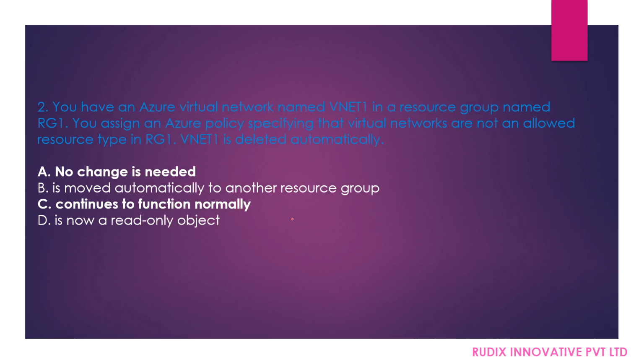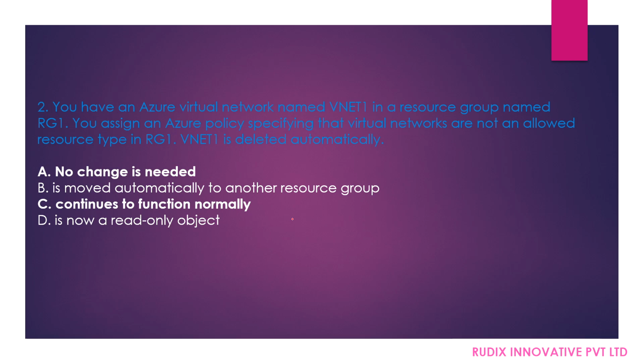You have an Azure virtual network named virtual network 1 in a resource group named resource group 1. You assign an Azure policy specifying that virtual networks are not an allowed resource type in RG1. Virtual network 1 is deleted automatically. This is the question.